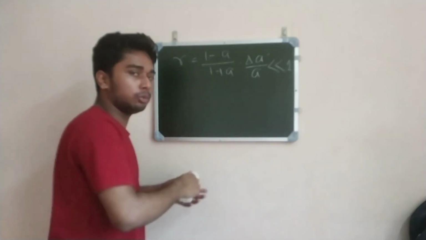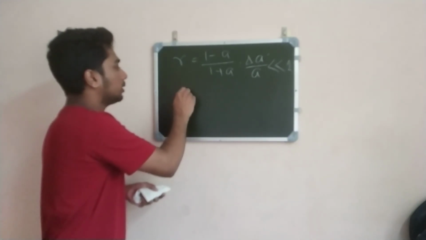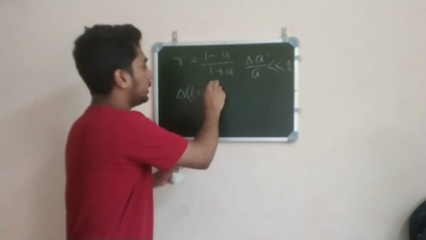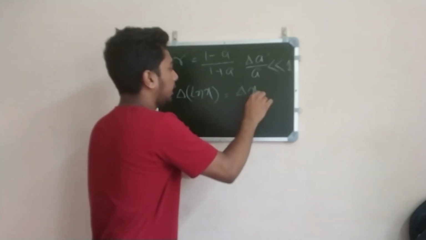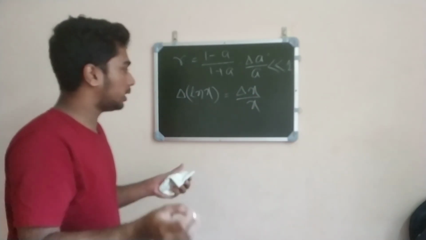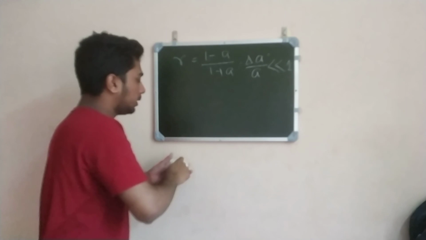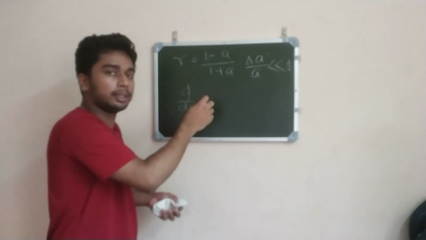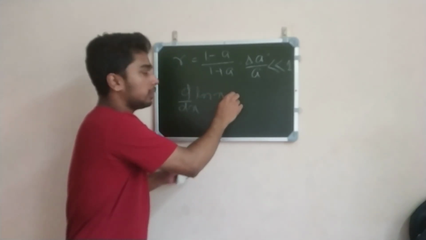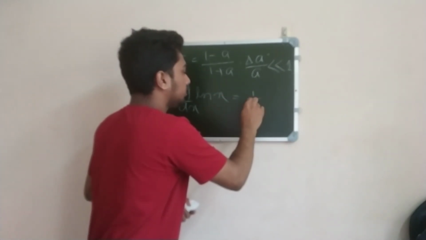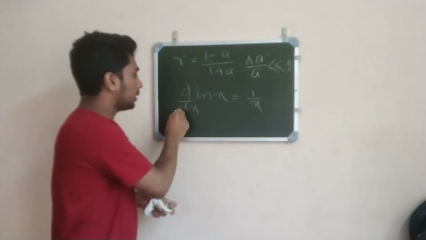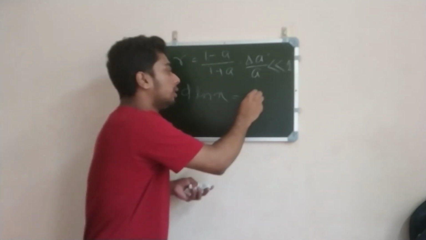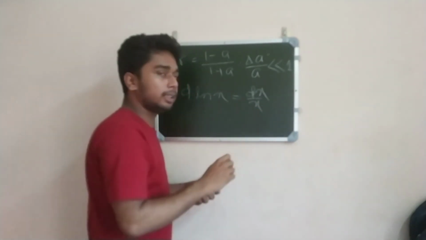Another formula I am going to use is delta of ln x is delta x by x. For example, you already know the formula that the derivative with respect to x of ln x is nothing but 1 by x. So if you take dx on the right side, it will be dx by x.